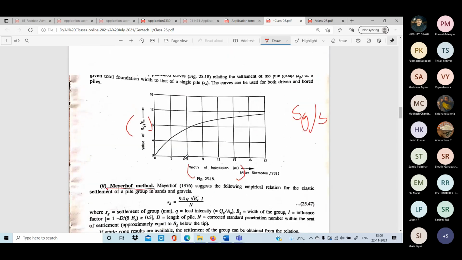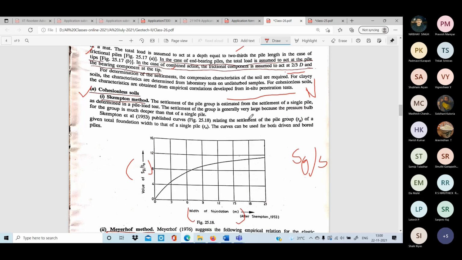Understand? In that case, because of the pressure bulb, it goes much deeper than for a single pile. Compared to a single pile, the pressure bulb of the group or block is definitely very high. Skempton in 1953 published a curve, shown here, relating the settlement of a group of piles SG, of a given total foundation width, to that of a single pile.